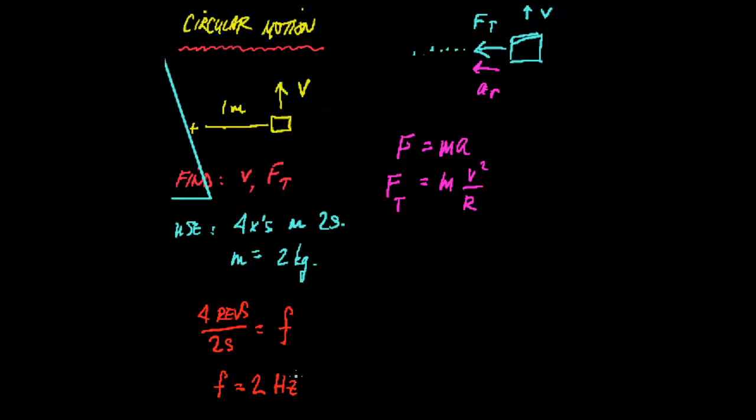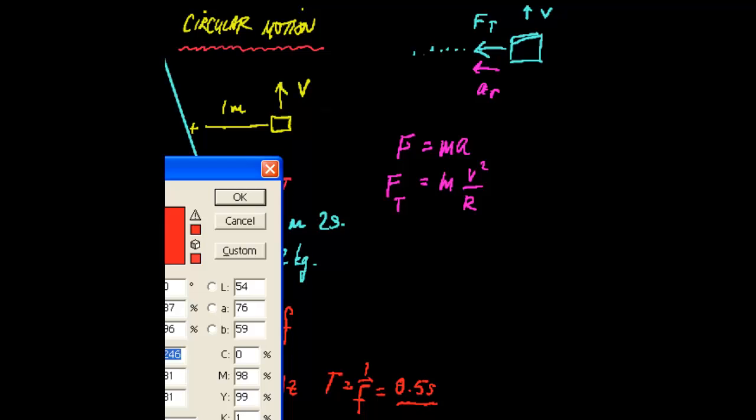That means how many rotations or cycles or laps or loops per second. That reduces it to 2 per second. Once we have that, we can find the period. Period is 1 over frequency. That comes out to be 0.5 seconds, and what period tells us is how long it takes the object to do one of those rotations.